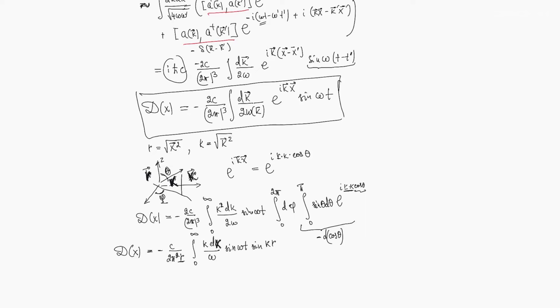So you write c divided by 2 pi squared, 1 over r d over dr, integral from 0 to infinity dk divided by omega, where omega, by the way, is a function of k, sine omega t, cosine kr.